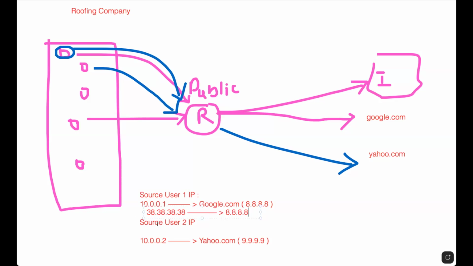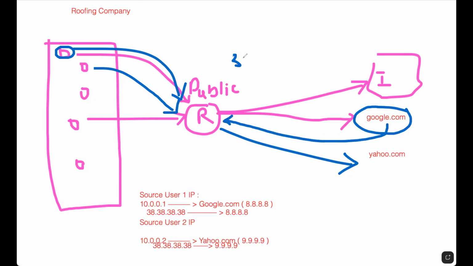Now the source user 2 is translated to 38.38.38.38. It's trying to go to 9.9.9.9. Okay, so the response is coming from google.com, 8.8.8.8, to 38.38.38.38, because the source is translated to this IP.